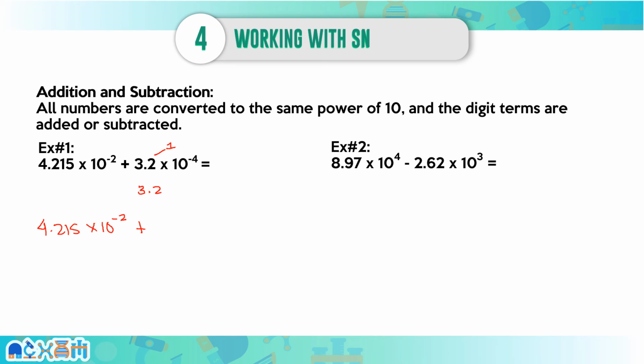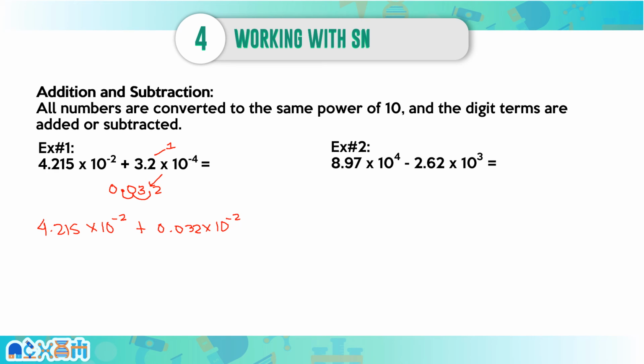I already have times 10 to the negative 4, and this is 2, so I have to move twice only. So moving twice, 1, 2, it means my decimal would be here. I'm going to add here 0 and another 0 here, which means my number will now become 0.032 times 10 to the negative 2.